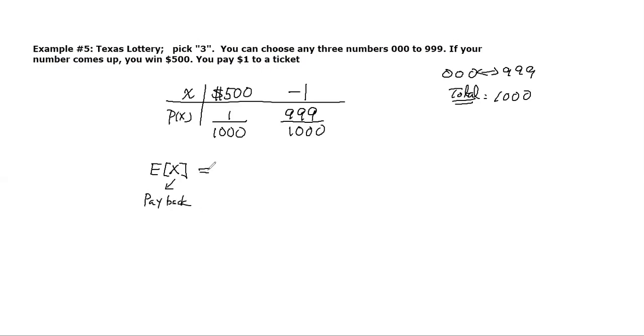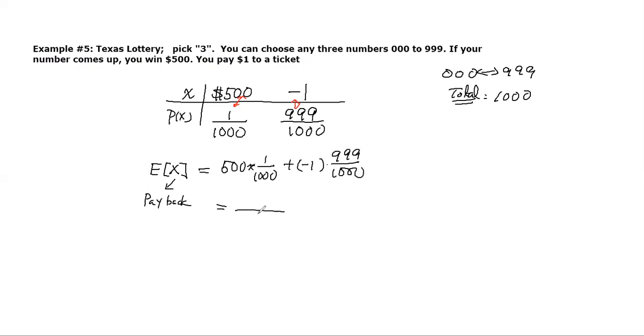Okay, so now you see, that's really the expected value. You use this times this, add this times this. So now it will be 500 times 1 over 1,000, plus negative 1 times 999 over 1,000.